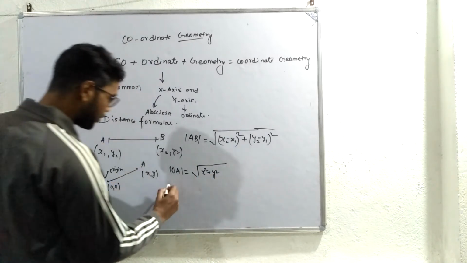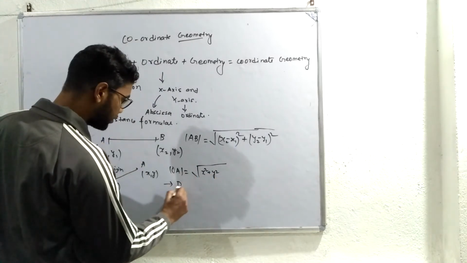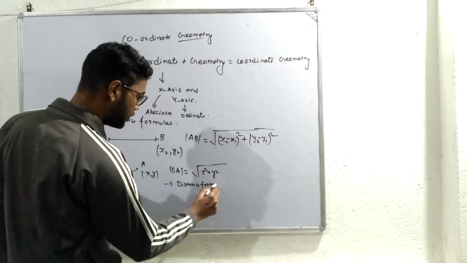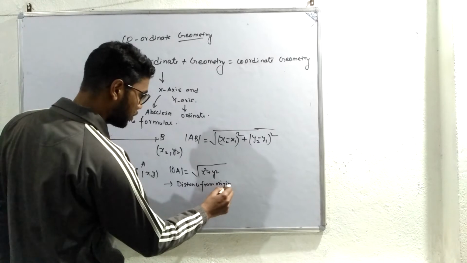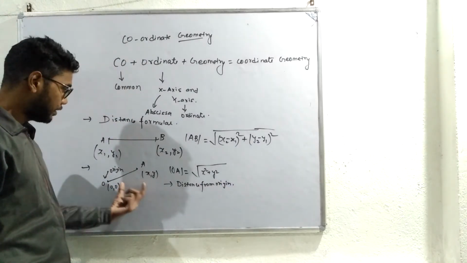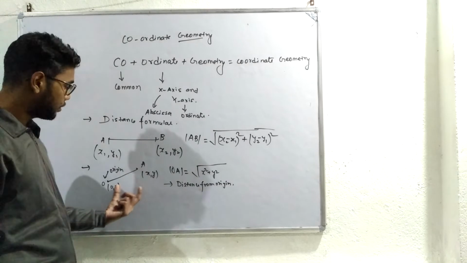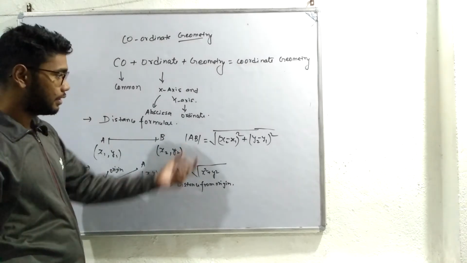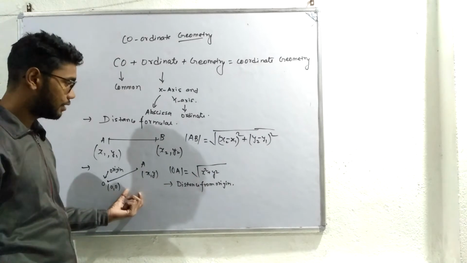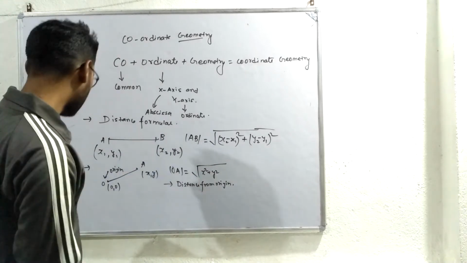That is the formula of distance from origin. If we put these values in the general formula, we find the same result.